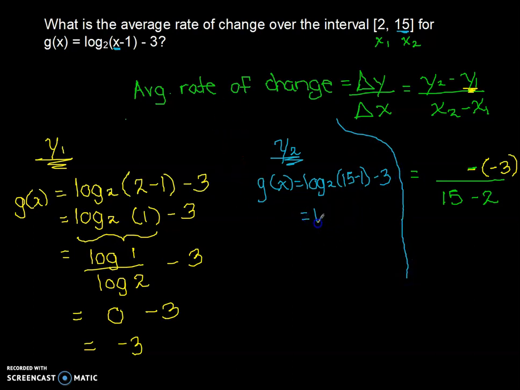So this will give me log base 2 of 14 minus 3. Remember, if you have a calculator that will calculate the log base for you, great. But if not, we're going to just use change of base formula, log of 14 over log of 2 minus 3.